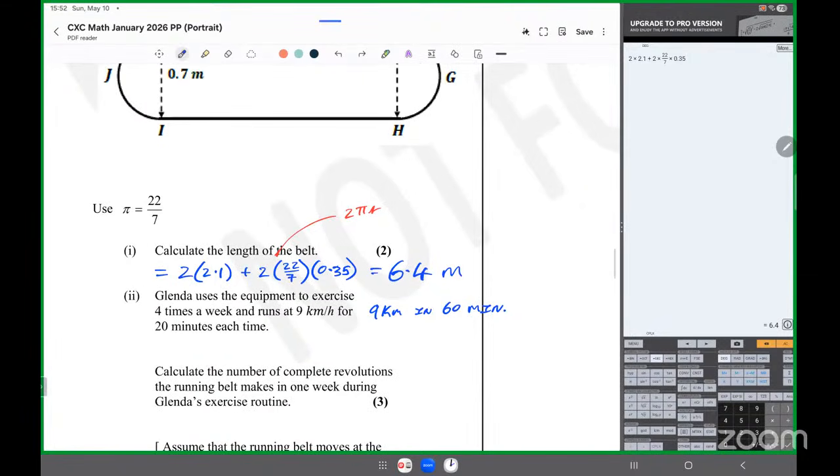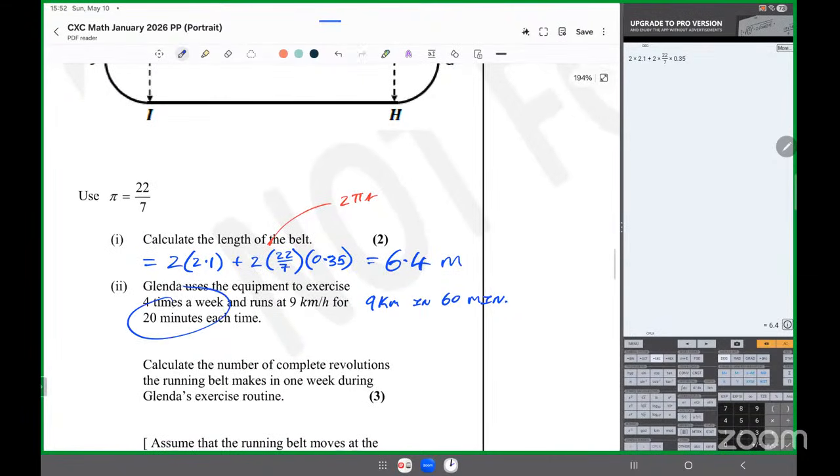So it's 9 kilometers in 60 minutes, right? But she only ran for 20 minutes. 20 minutes is 1/3 of the 60 minutes, so therefore she ran 1/3 of this distance.